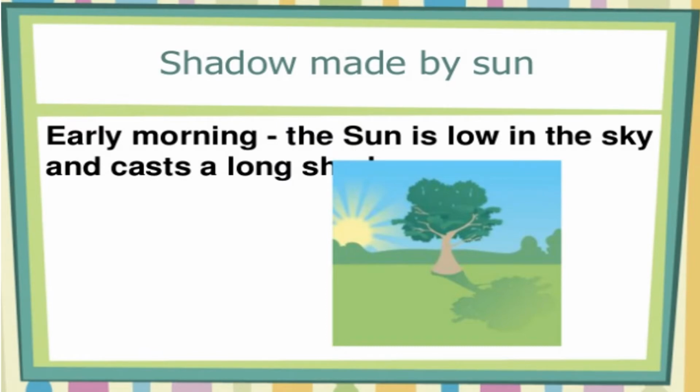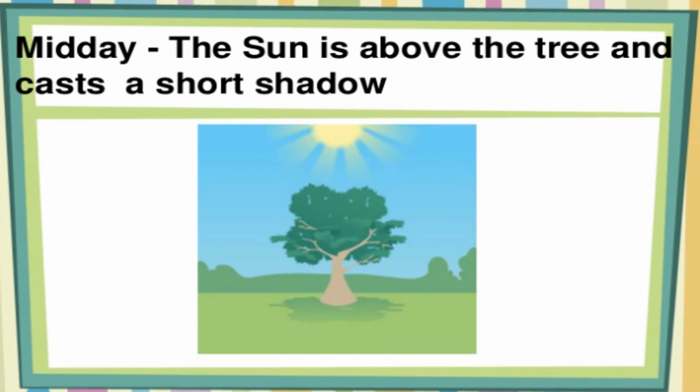Consider shadows made by the sun. Early in the morning, the sun is low in the sky and casts a long shadow. At midday, at 12 o'clock, the sun is high above the tree and casts a short shadow. It depends on the height of the sun.